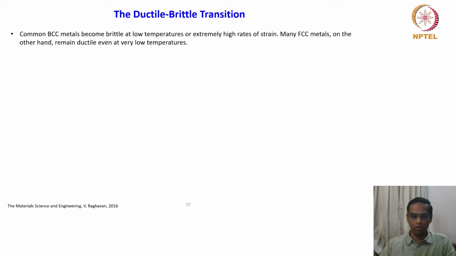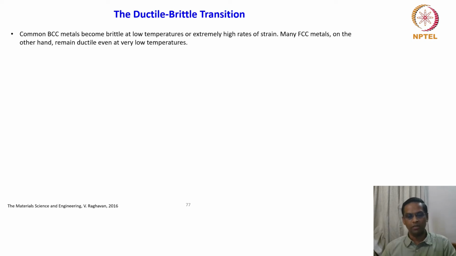There also we talked about the stress required to move a dislocation in an FCC lattice and a BCC lattice, right? These are the two aspects we have to recall, and the temperature dependency of yield stress in a BCC metal. They all account for this behavior.